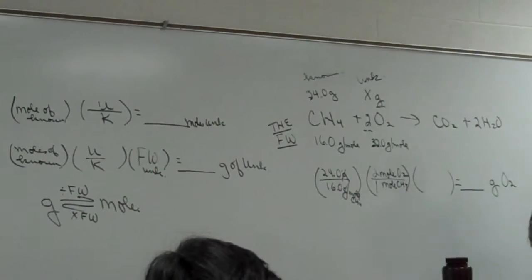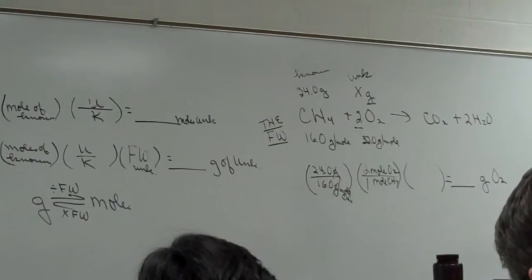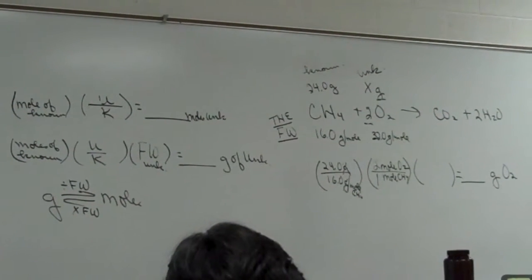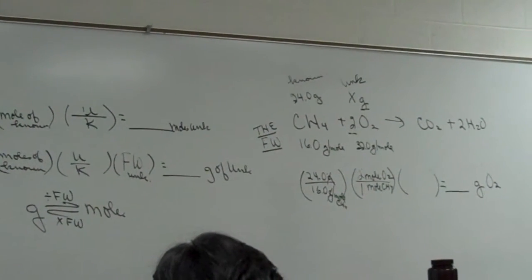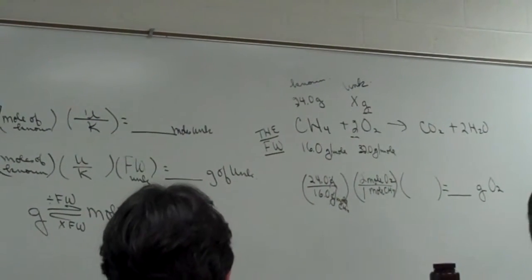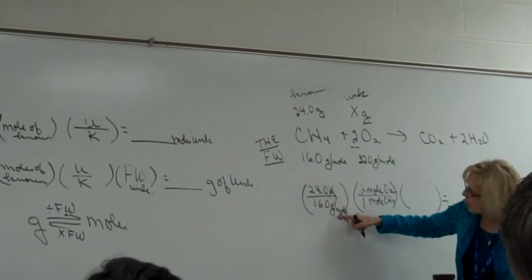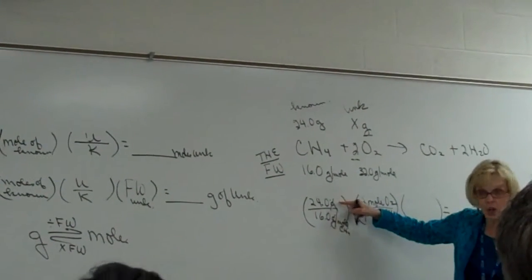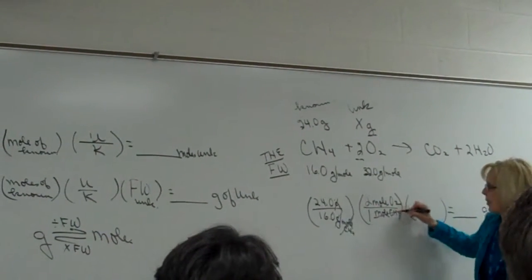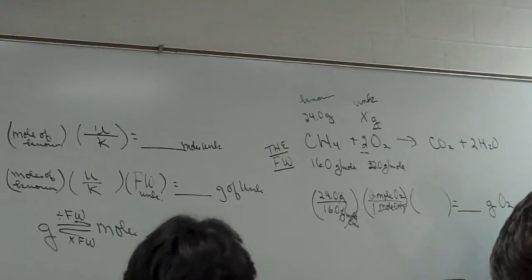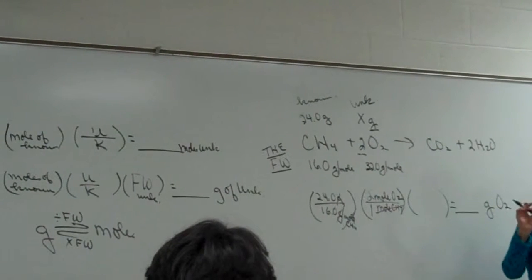I know that the majority of my students don't take the time to write this stuff down, because it takes time. But it's your security, it's your insurance. Here, moles of methane come up on top and moles of methane are on the bottom. So if we stopped after 2 sets of parentheses, we have moles of oxygen.